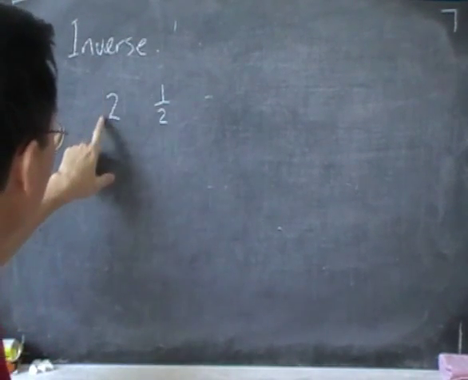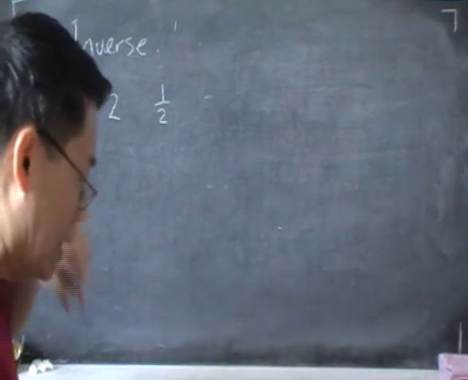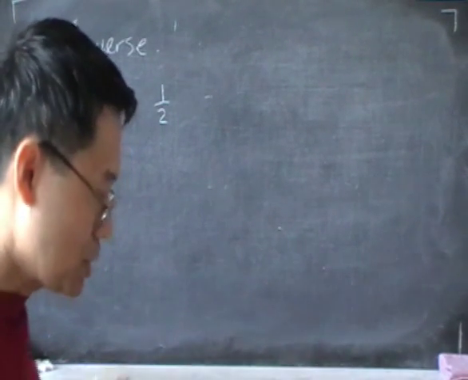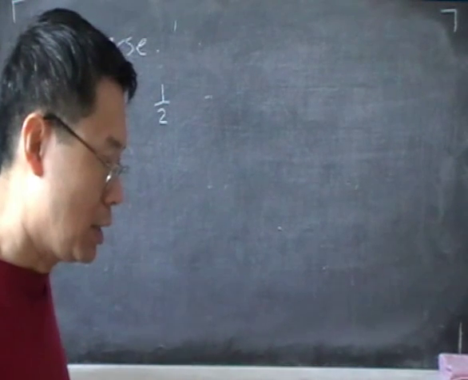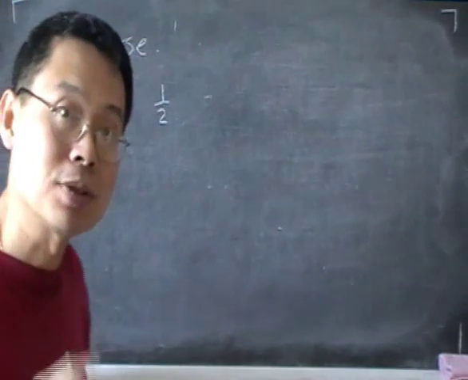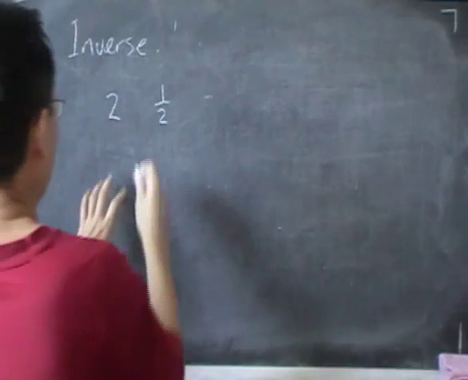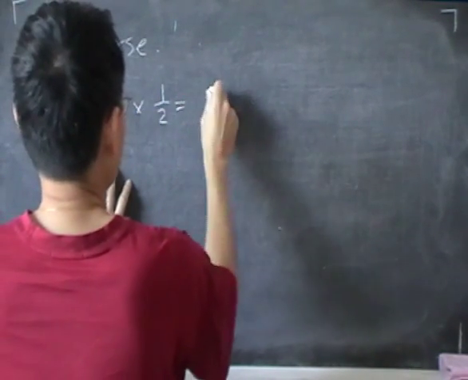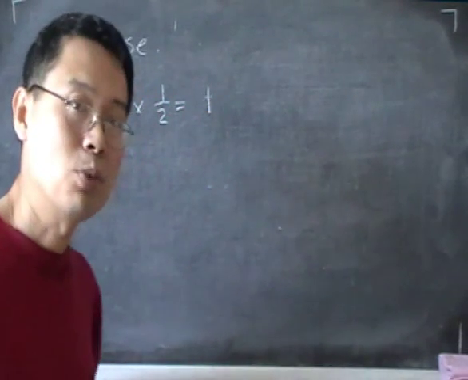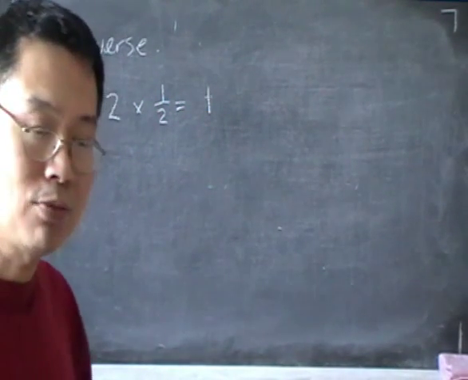If I have a 2 and I have a 1 over 2 as the inverse, there is something very special about a number and its inverse. The special thing is that when you multiply the two, the answer must always be 1. Now that's the same for any number.